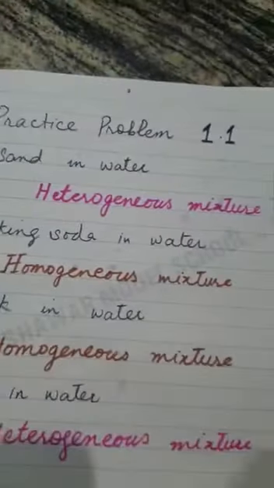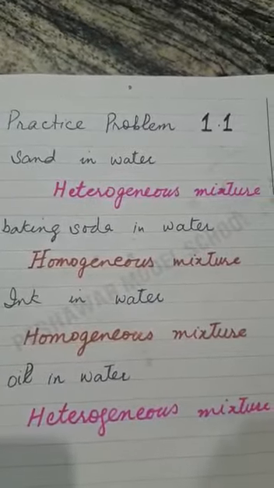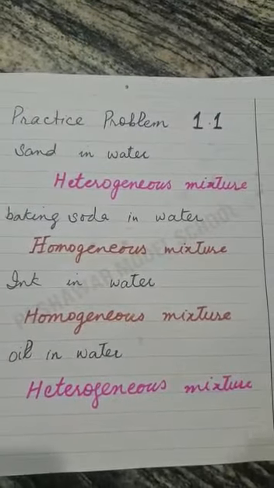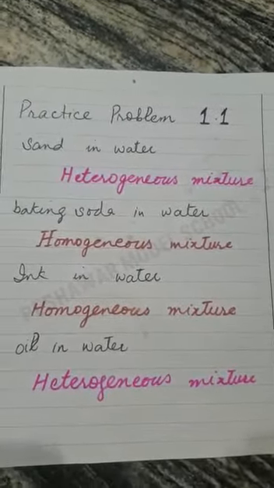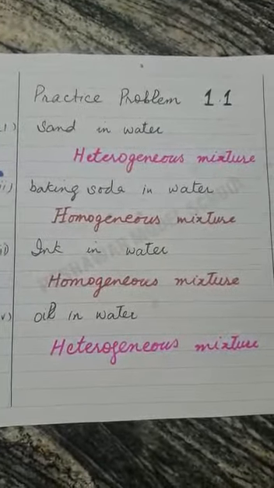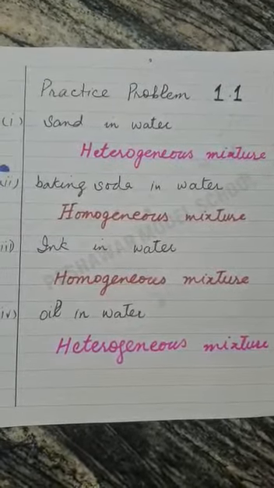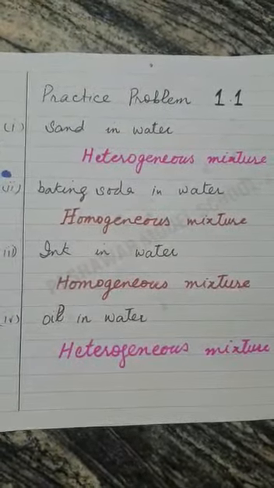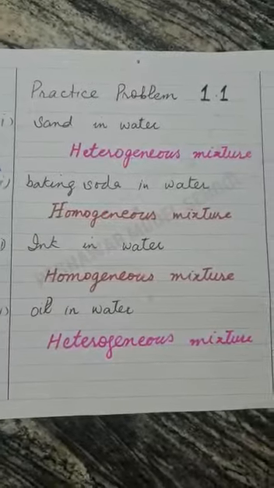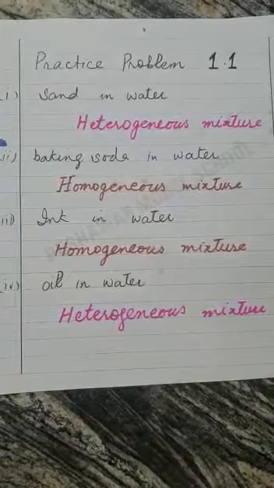After that, in today's lecture, we discussed a problem related to heterogeneous and homogeneous mixtures. This is practice problem 1.1, and in this problem some mixtures are given, and we have to decide which type of mixture each is, homogeneous or heterogeneous.